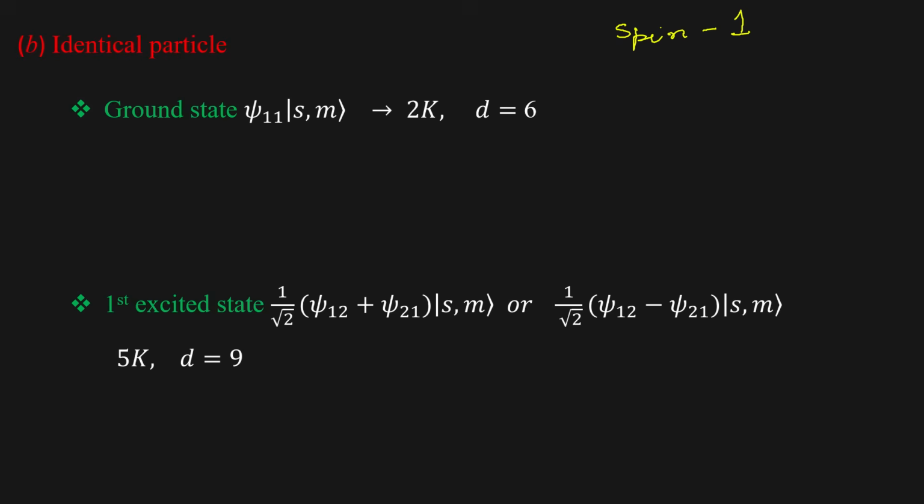That means it is boson-like. Only spin one-half is fermion, spin 1 is boson-like. So boson-like means the wave function must be symmetric. That is, the combination of the spatial wave function and the spin wave function must be symmetrical.